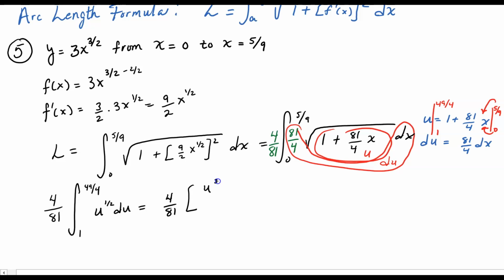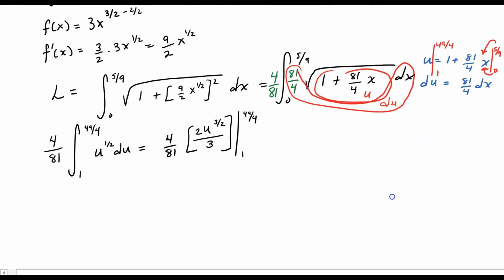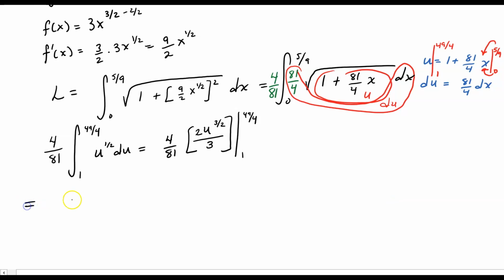That's u to the 3 over 2 divided by 3 over 2, which is the same as multiplying by 2/3, integrated from 1 to 49 over 4. And this, again, adjusting those limits allows us not to have to back substitute, so it makes it a little bit faster. So we have, again, our 4 out of 81 on the outside.